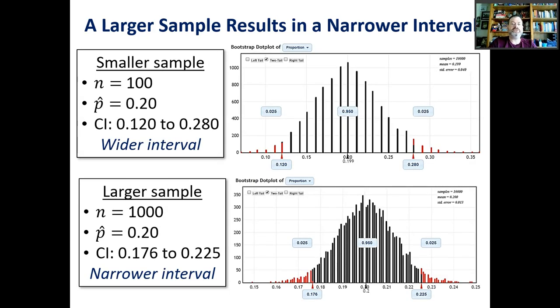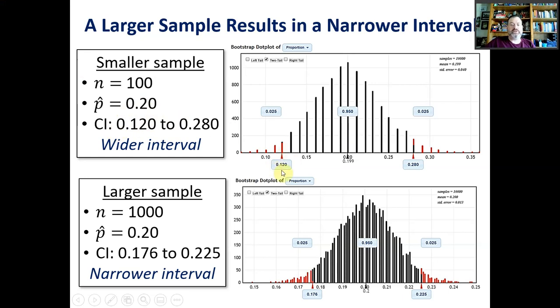So here are two bootstrap distributions that I made in StatKey. I took samples of size 100 with p-hat 0.2. So let's say you take a sample of size 100 and 20% of that sample has some characteristic, and you build a confidence interval.